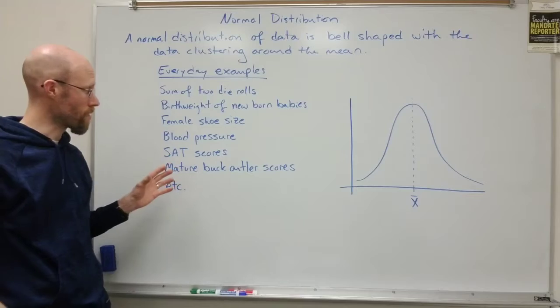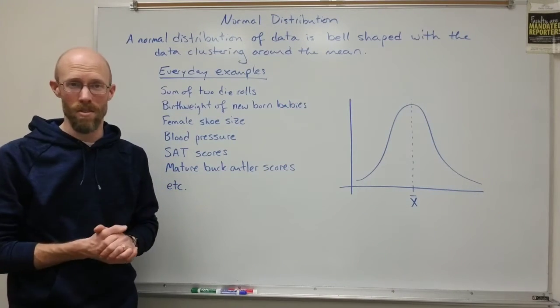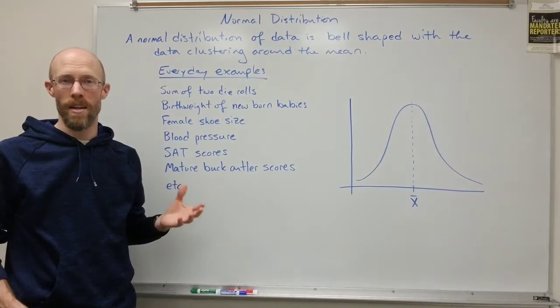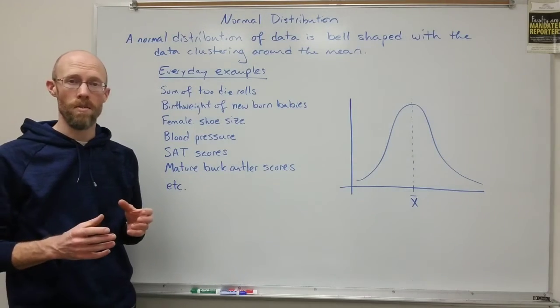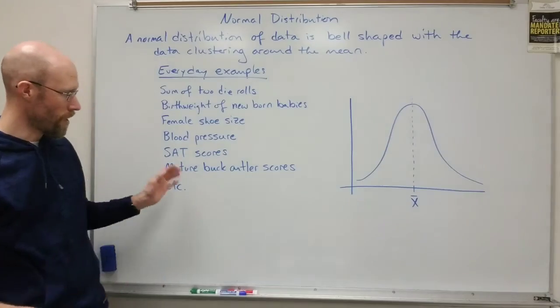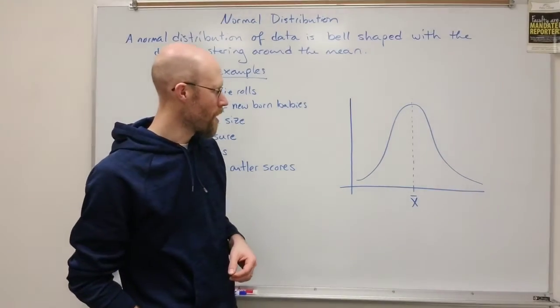So lots of different things, spanning many different subject areas, okay? So you see these in medicine, in economics, in science, all over the place. And so this is a very, very applicable topic.